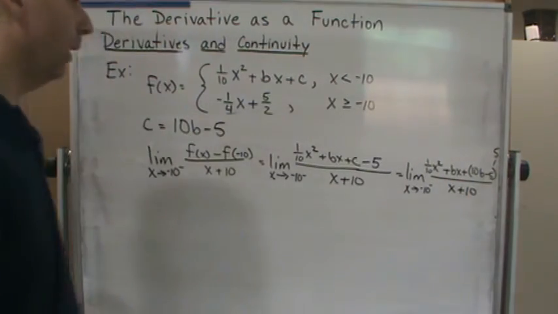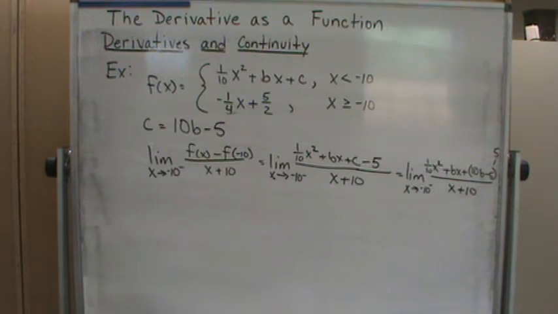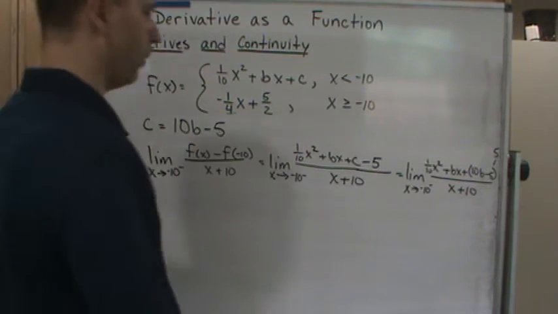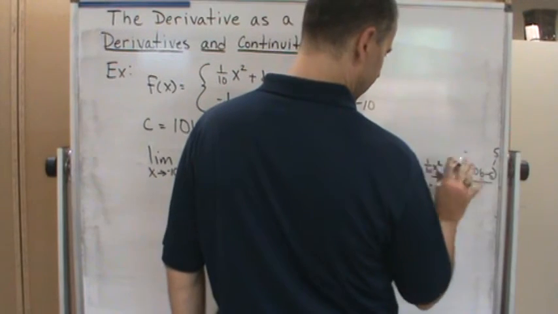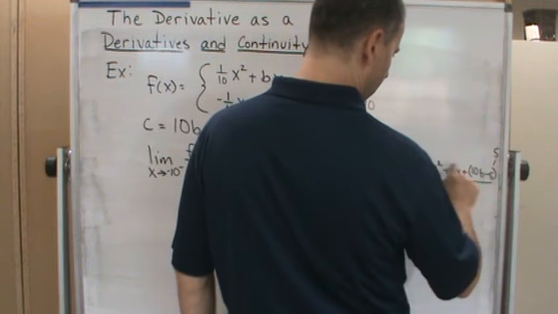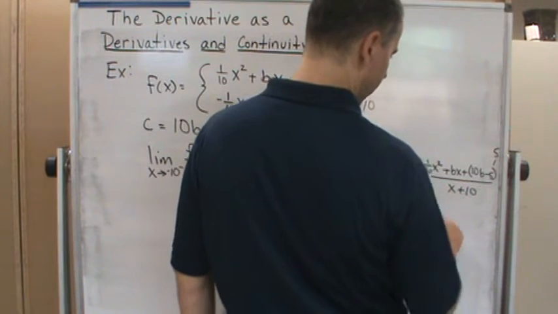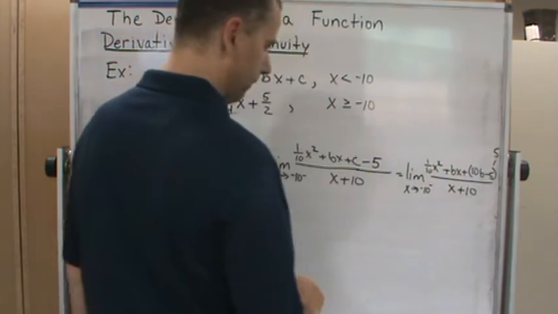Okay, now let's simplify this. I don't want this fraction here, it'll make it easier to deal with. So let's get rid of the one fraction, and multiply the top and the bottom by 10.